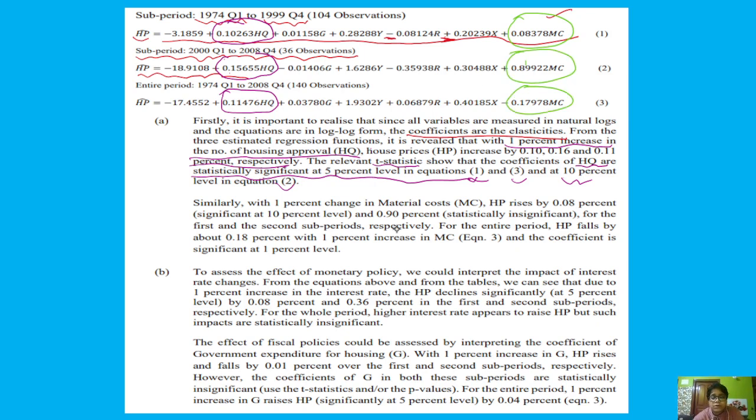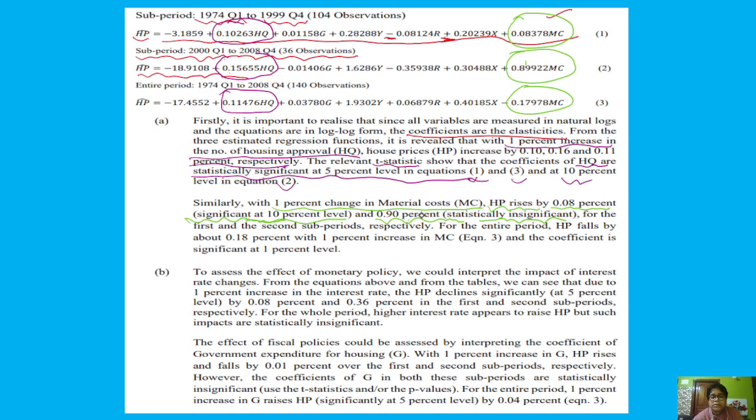Okay, first you are going to tell that if with 1% change in material cost, housing price rises by 0.08%, and that is significant at 10% level. This is by looking at the regression results, and 0.90% statistically insignificant in second period.